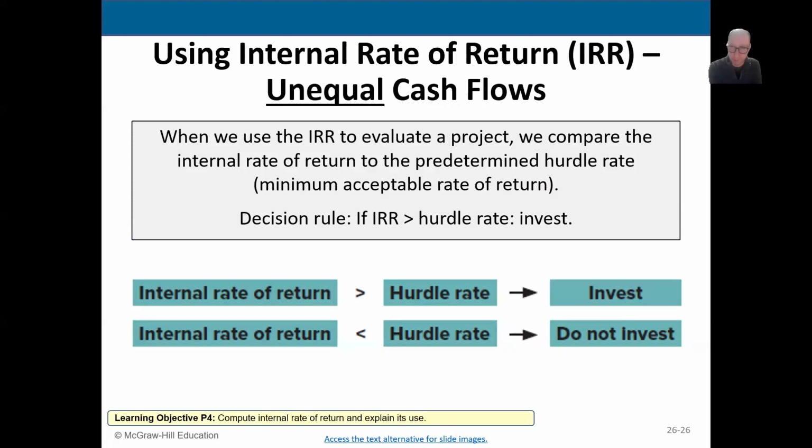Yeah, we do it. When the internal rate of return is less than the hurdle rate, accounting rate of return, we do not invest. Very straightforward. Because remember, accounting rate of return is the minimum.